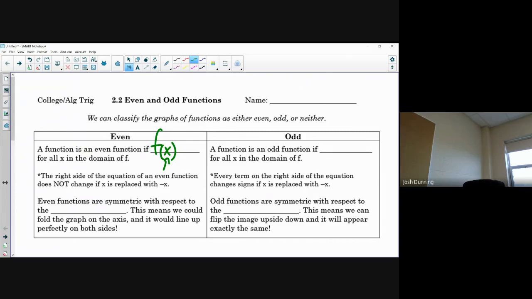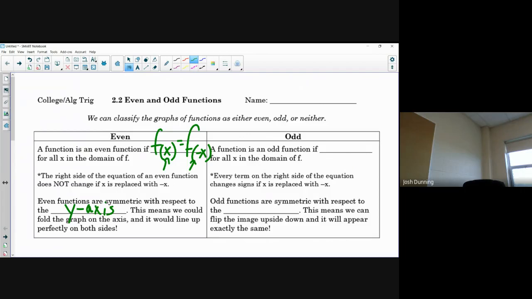So f of x, the function value, the output for even functions is the same whether you put a positive number in or a negative number. And the way you test this on the graph is symmetric with respect to the y-axis, meaning you can fold it over the y. If it's a mirror image, if it folds onto itself, it's even.